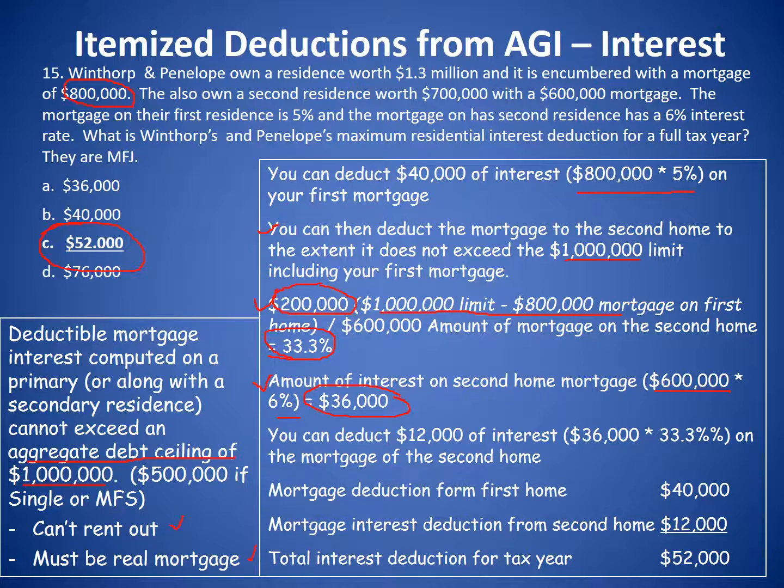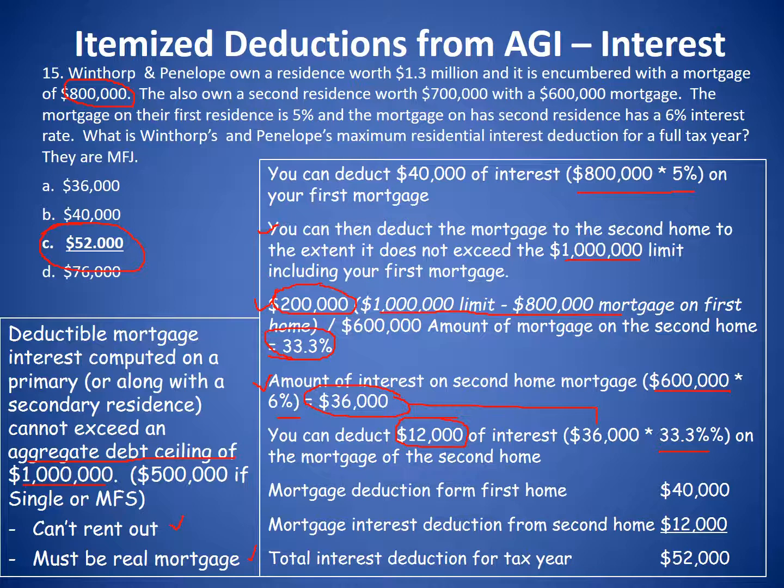You take that $36,000 and multiply it by 33.3%, and you come up with $12,000, which represents the amount of interest you're able to deduct on your second residence, because of the $1 million debt ceiling limitation.